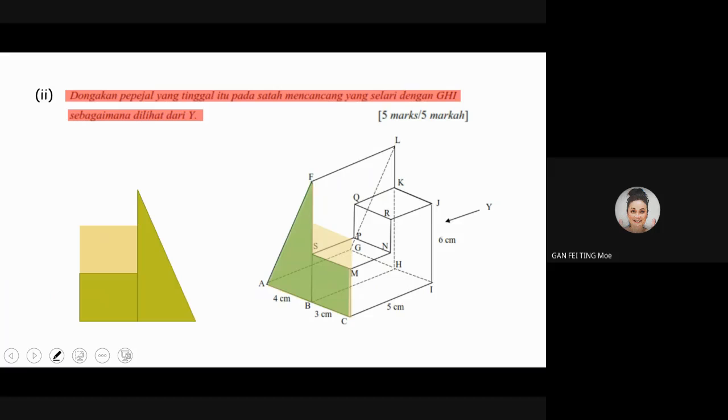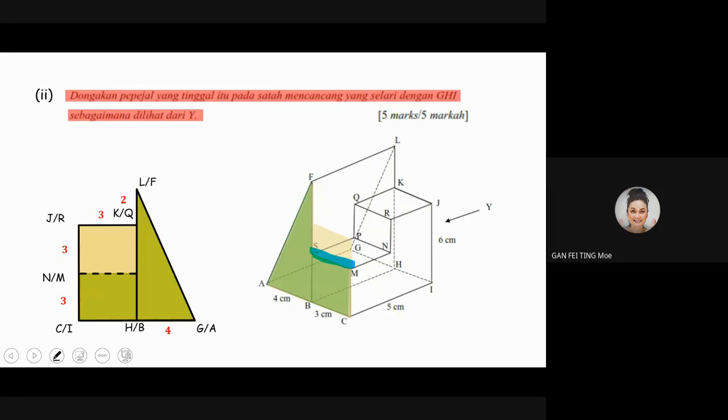Use your mind a bit, a thinking skill. Because the line of SN is hidden, this line is hidden, so it should become dotted. Then again you label. Labeling is important for you to get the length. Once this is done, then you start drawing. That is my advice. Get the sketching first.